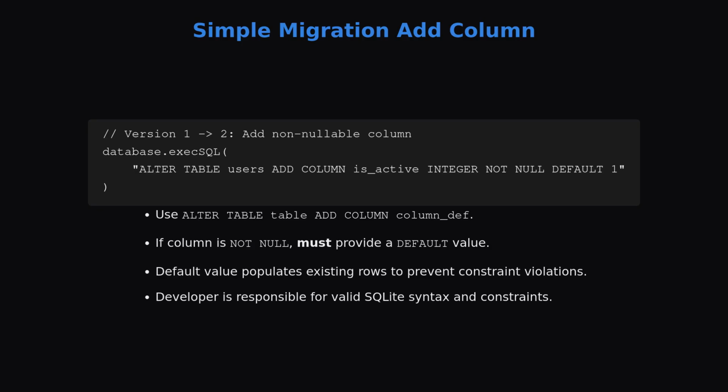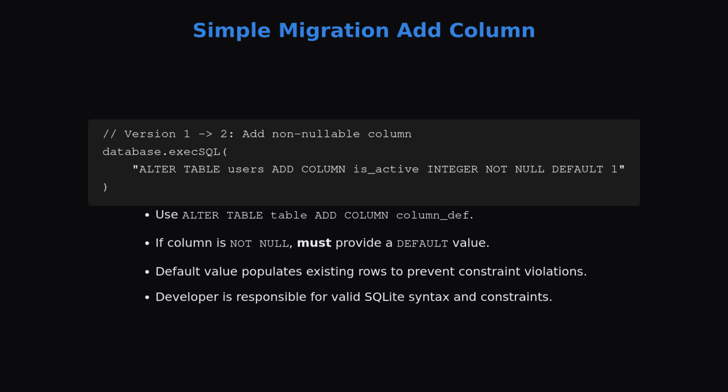This default value is necessary to populate all existing rows, preventing immediate constraint violations upon execution. For instance, to add a non-nullable Boolean column named isActive, the command is database.execSQL("ALTER TABLE users ADD COLUMN is_active INTEGER NOT NULL DEFAULT 1").